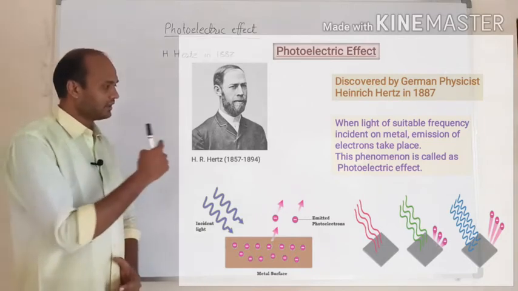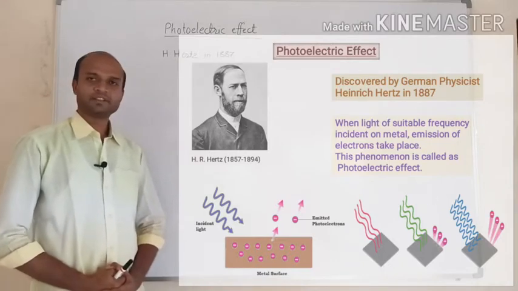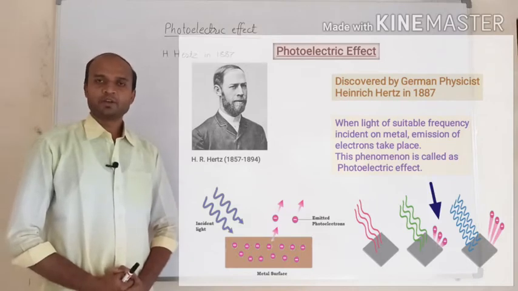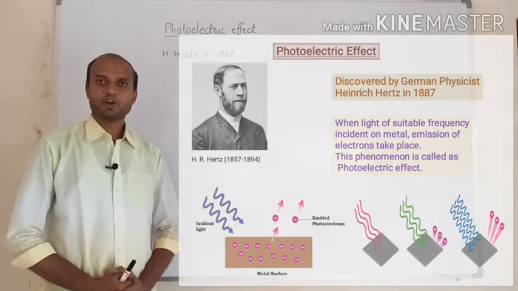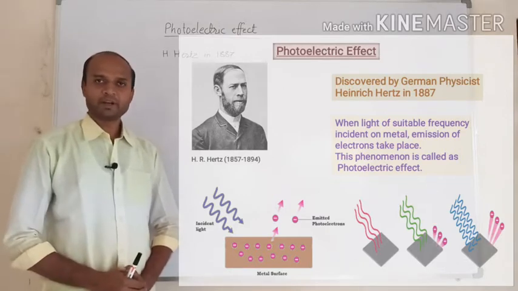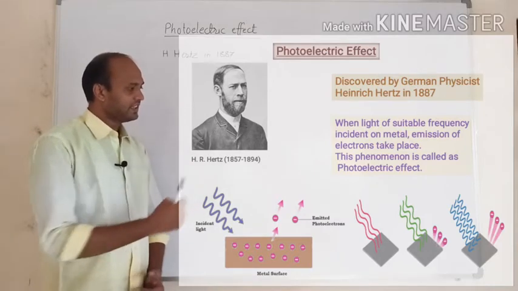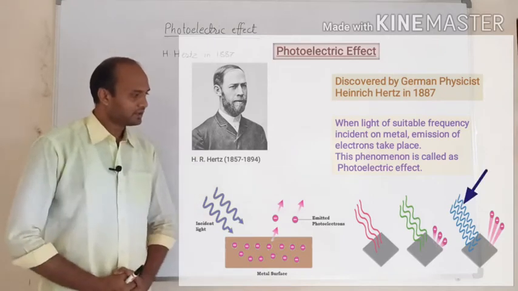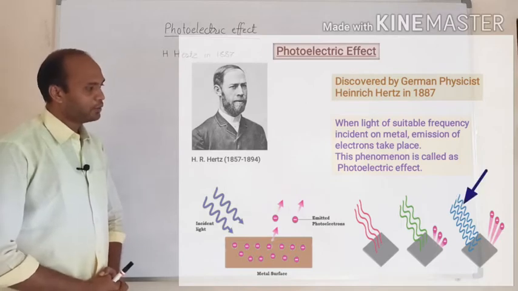But when light of green color is incident on a metal surface, then emission of electrons takes place, because for green color the wavelength is quite smaller, and the frequency is more as compared to red, and that's why emission of electrons is possible.